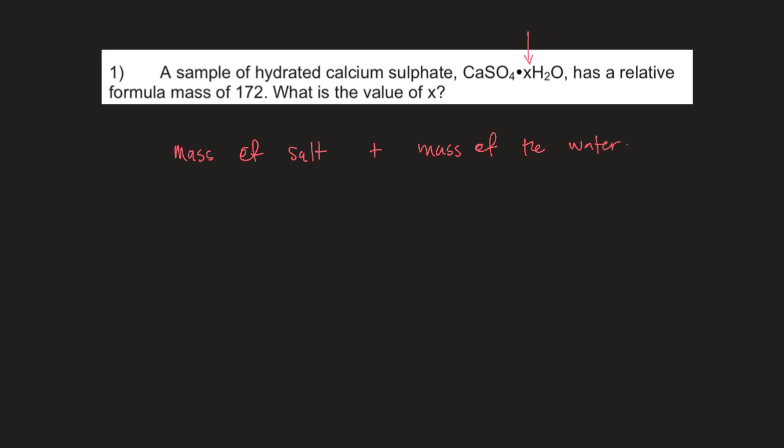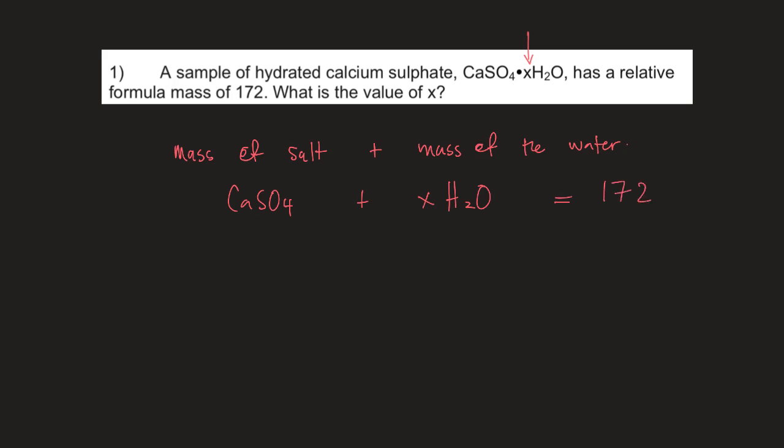Alright, so I'm going to put in what information I do have. So I've got CaSO4 plus X H2O. So I need to find the X H2O. And I know that this whole thing together, so it's just like mass, this whole thing together must give me 172.